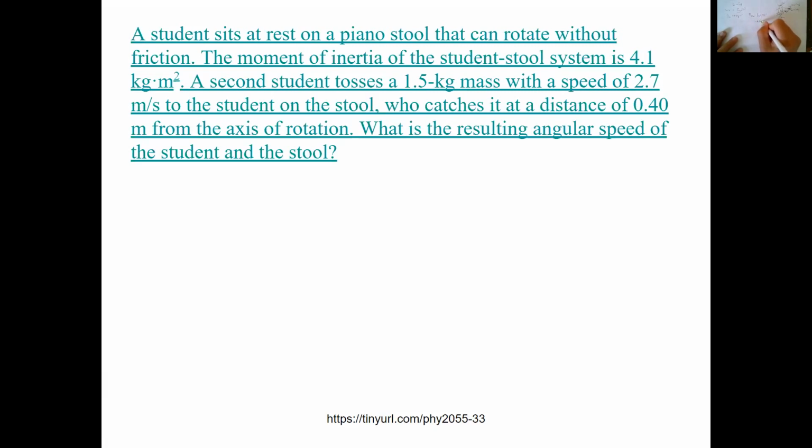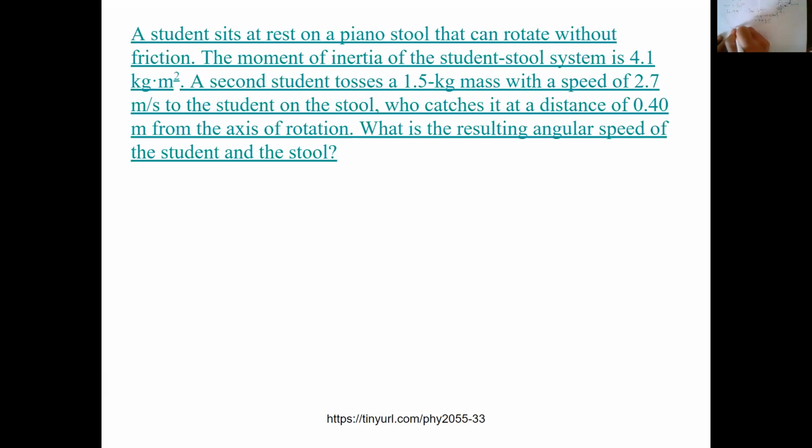So 4.1 plus 1.5 times 0.4 meters squared, that would be 4.34 kilogram meter squared. Then you can solve for your omega.